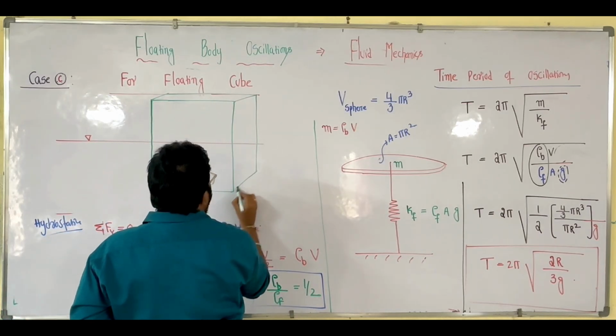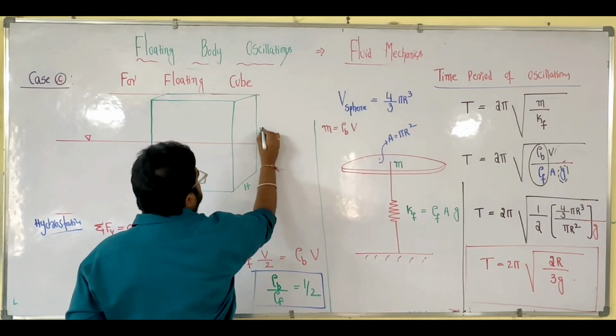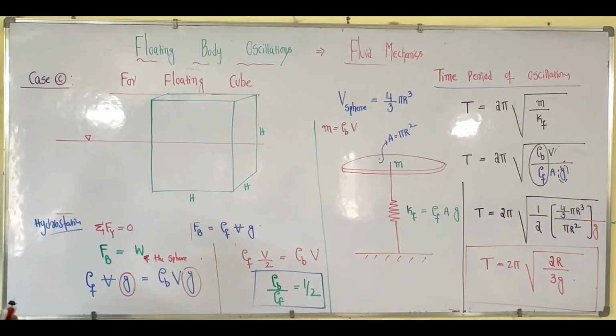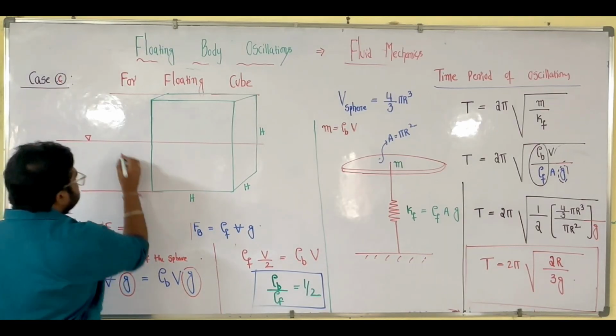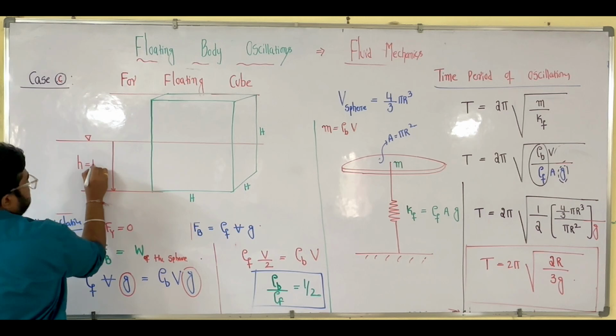This is the cube, you can take the side as H. Depth of immersion is H by 2.